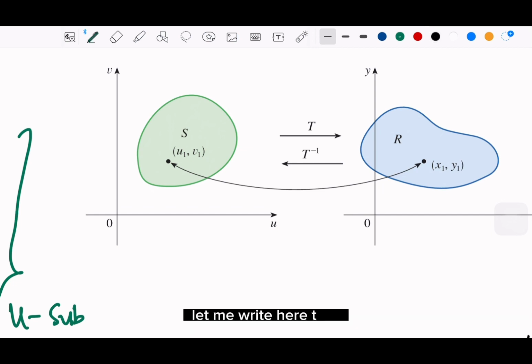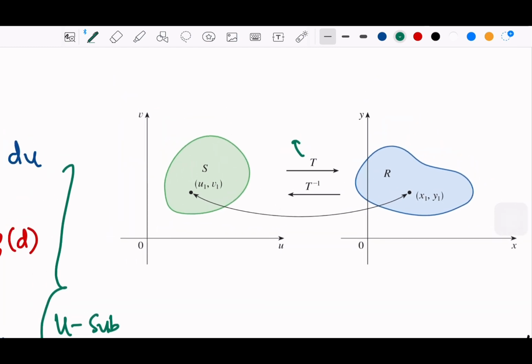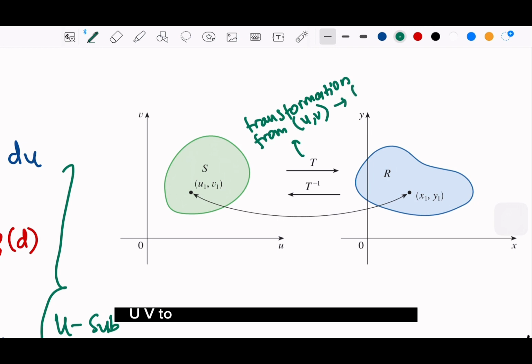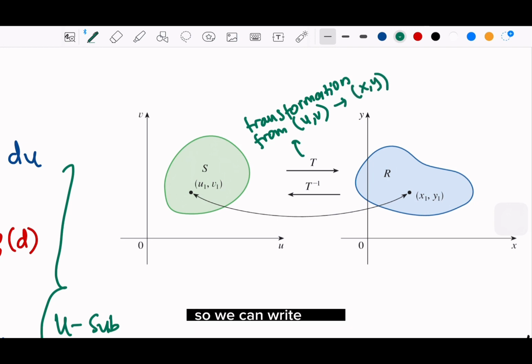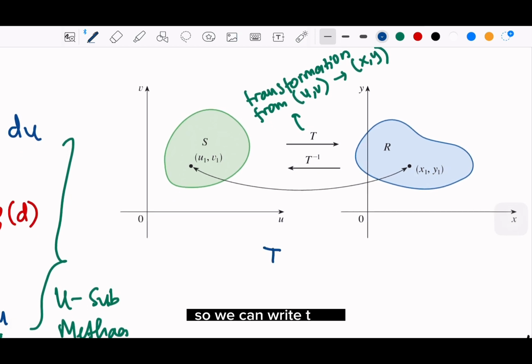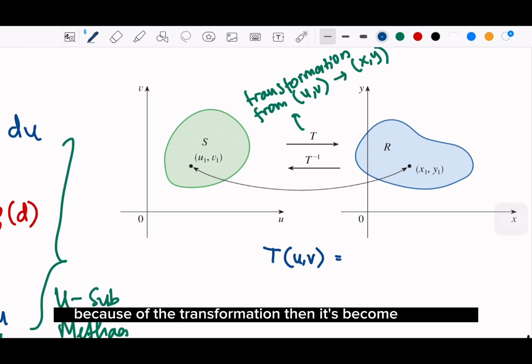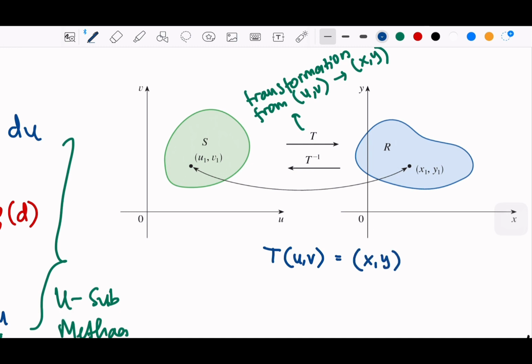Let me write here, T is a transformation from UV to XY. That's the definition for T. So we can write T of UV because of the transformation, then it becomes XY.